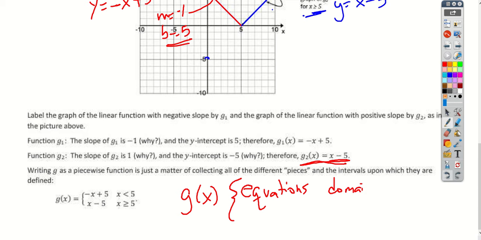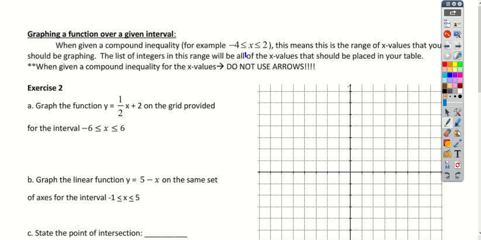So normally you'll see equation 1, and then domain, and then equation 2, and then you're going to put the domain for that. And you can do more. You can do 2, 3, 4, depending on how many you need to make your function.